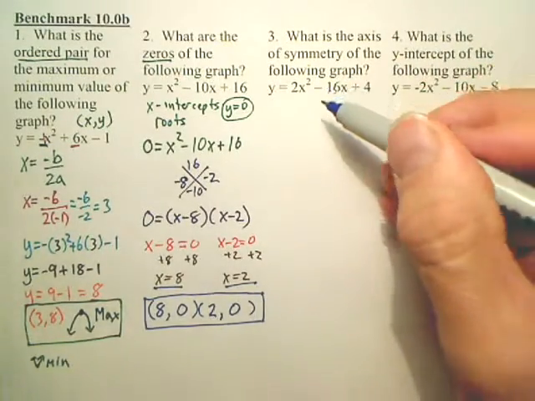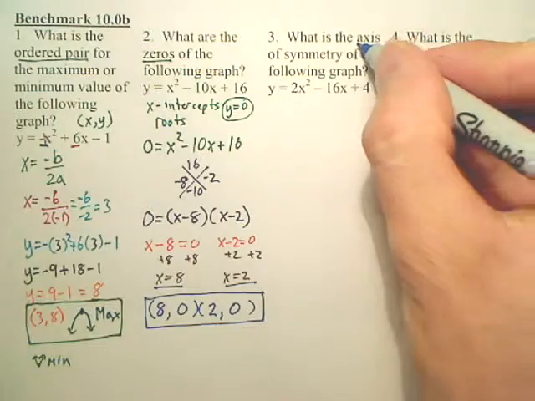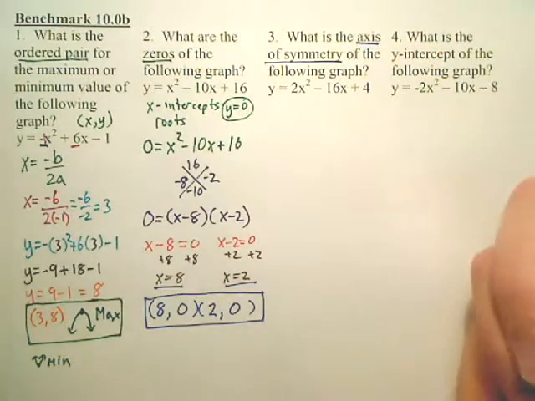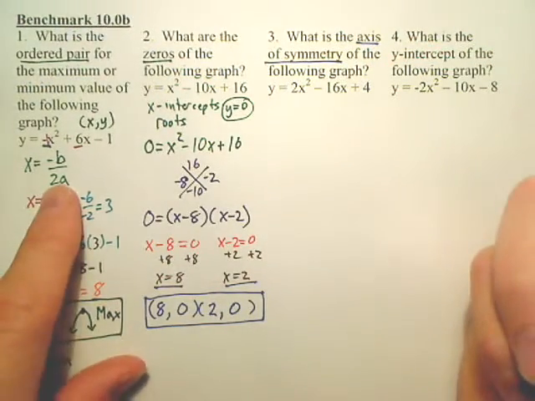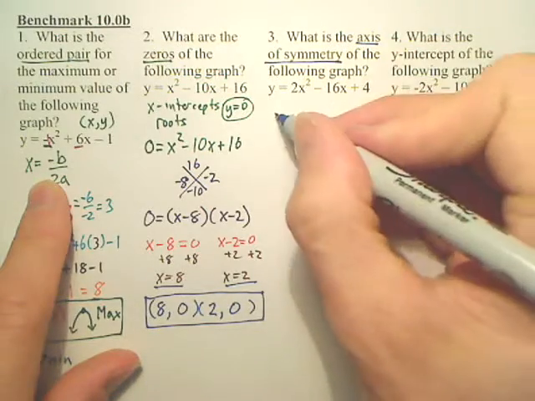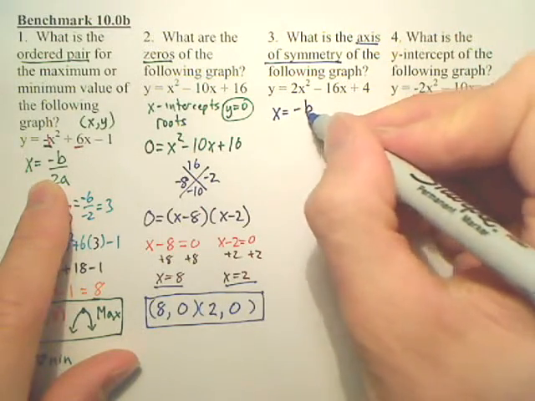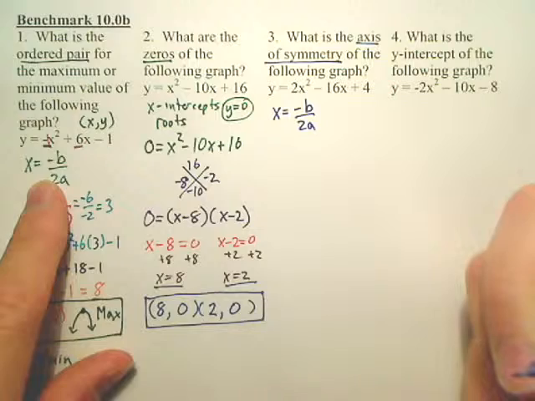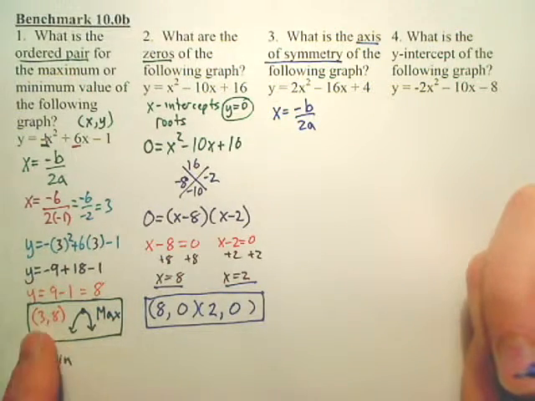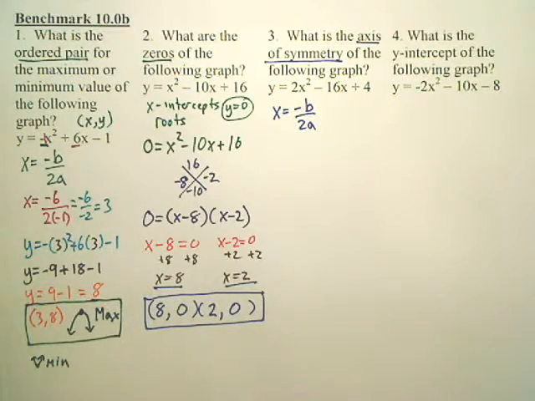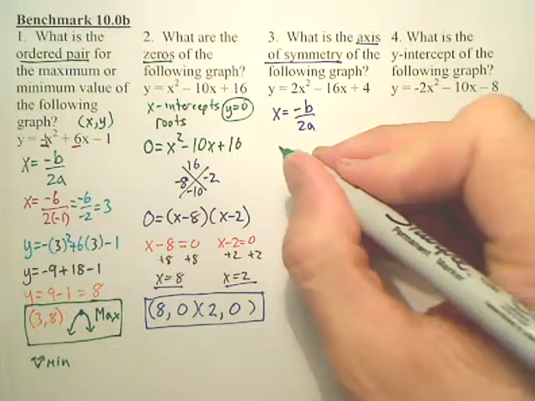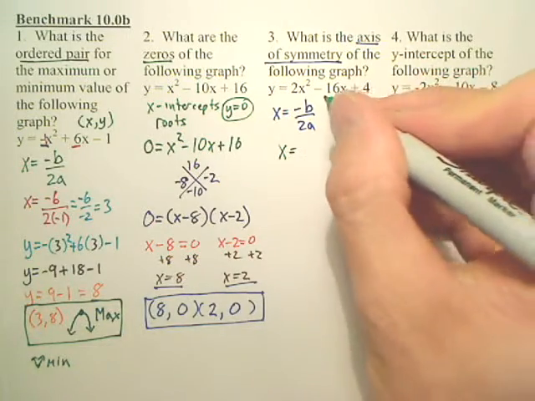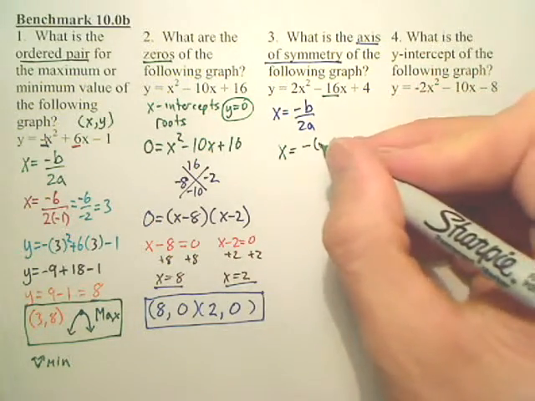Okay. Next question. What is the axis of symmetry? Well, isn't that going back to the first problem? Isn't that x equals negative b over 2a? And the vertex was on your axis of symmetry. So if I want my axis of symmetry, b is negative 16, so the opposite of that is 16.